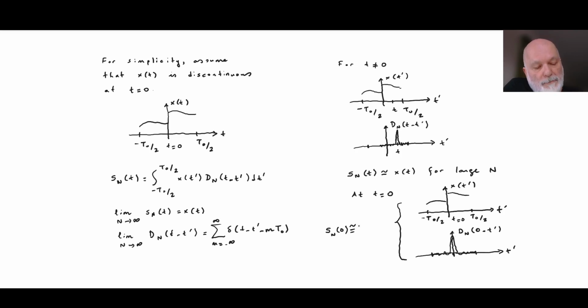So the value of the partial sum will be approximately equal to x of 0 minus plus x of 0 plus, divided by 2.